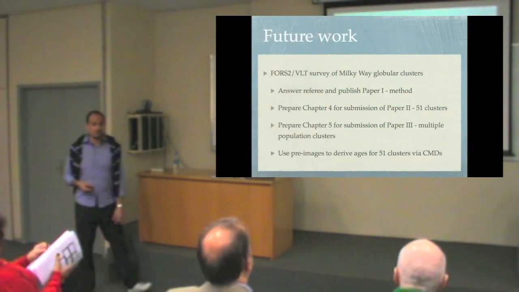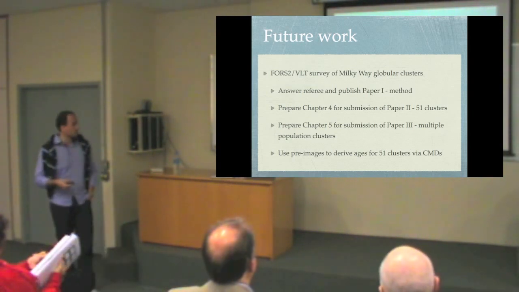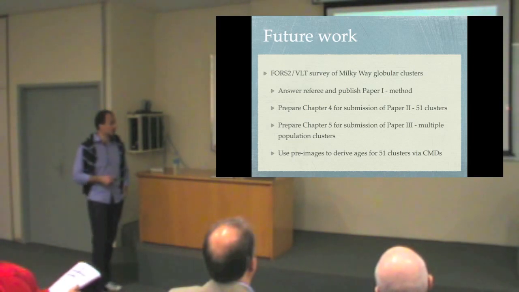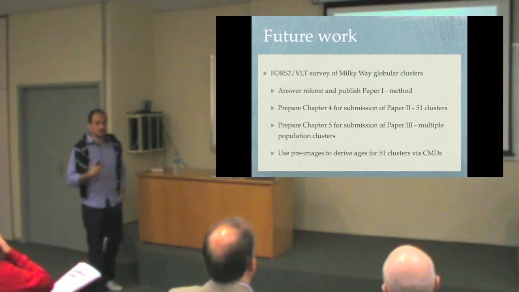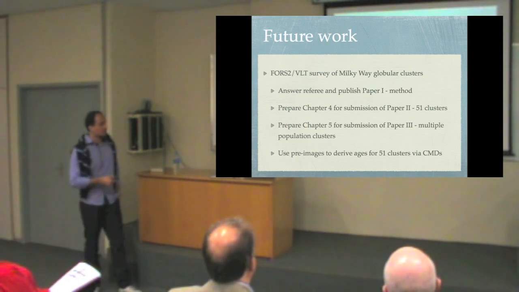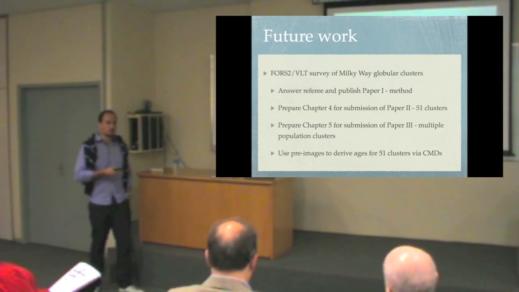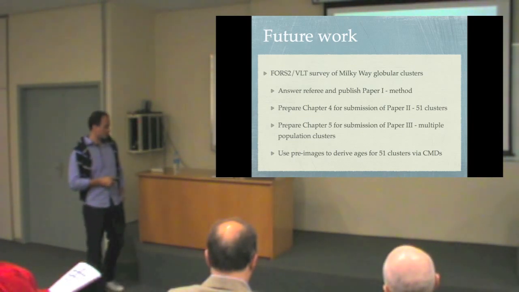For the survey of globular clusters, we have a list of things that we are already thinking about for the papers. So paper 1, the method, is already being discussed with the referee, and chapter 4, thinking on the whole sample of clusters and a discussion of ages and the scenarios of formation, should be prepared soon for paper 2. And chapter 5, for multiple population clusters, M22 and 5824, should be prepared for paper 3.